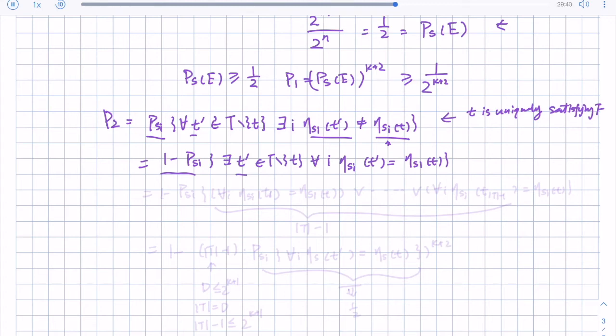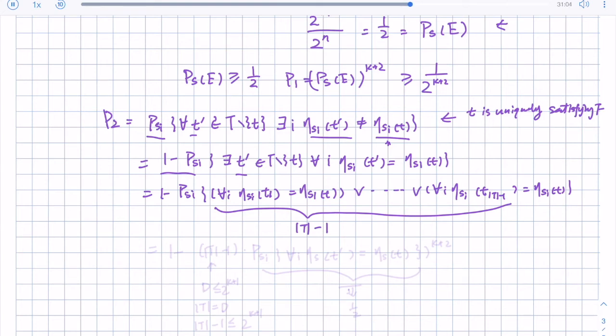And this probability can be further written as a union bound, because the total number of satisfying assignments is D, and we exclude the chosen satisfying assignment. So we have D minus 1.